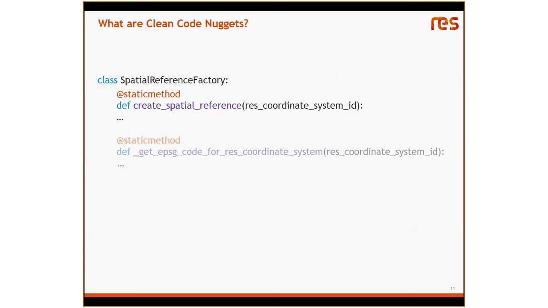Get EPSG code for Res coordinate system, given the Res coordinate system ID. So now, when we look at this class, the name, spatial reference factory, tells us what it's there to do. It's there to create spatial references. And it's more obvious what the public and private functions do and what their input parameters are that they're expecting.